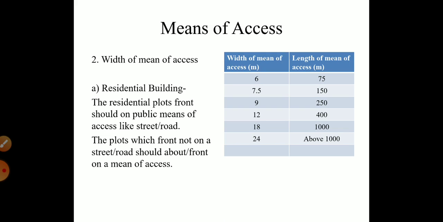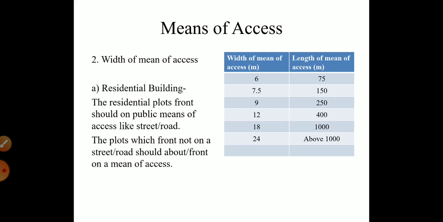Also in means of access, the width of the means of access for residential buildings: the residential plots should front on a public means of access like streets or roads. The plots which do not front on a street or road should abut or front on a means of access, and the width and the length requirement is given in this table. If the width of the means of access is 6 meter, the length of the means of access should be 75 meter.